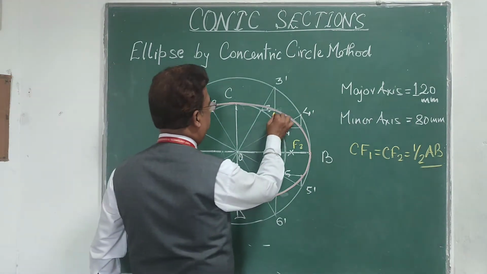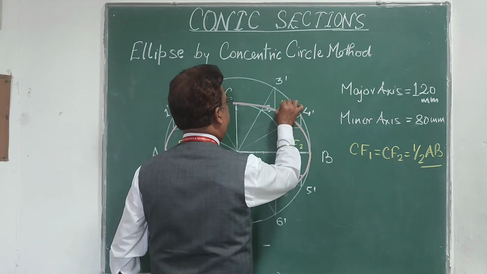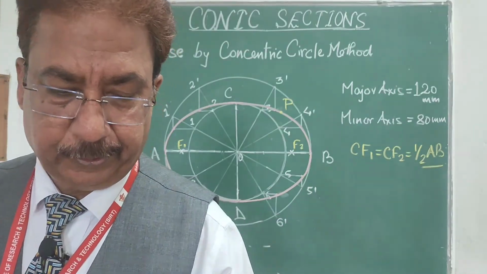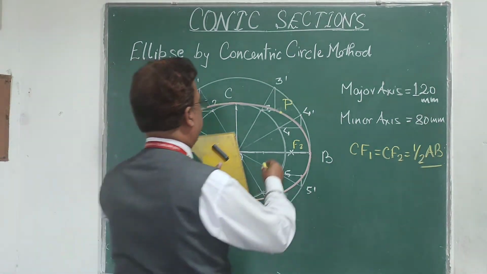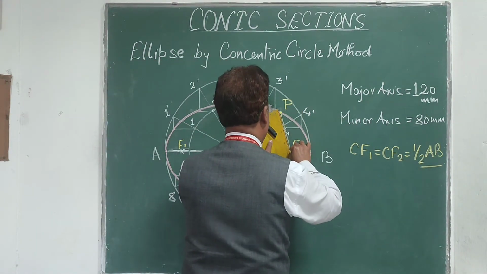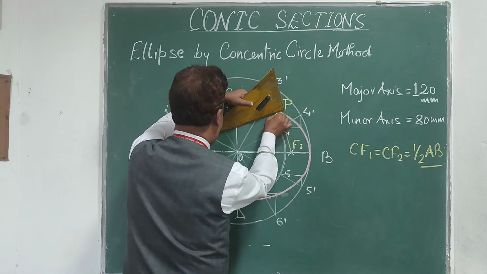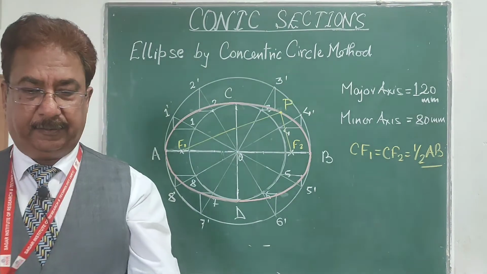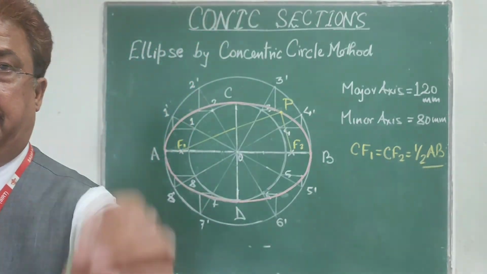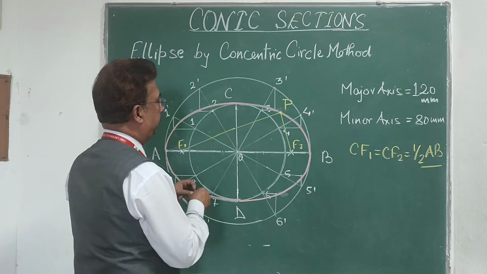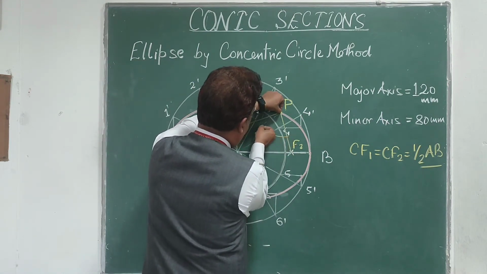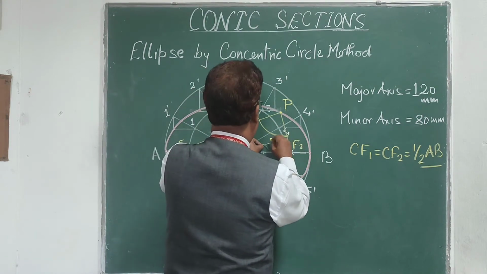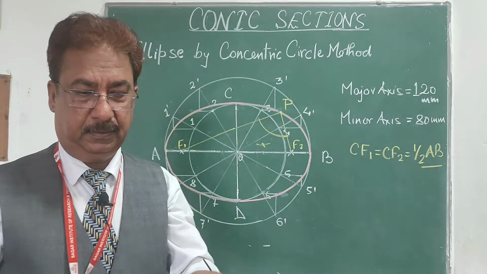And suppose I want to draw a tangent and a normal at any point on this curve, suppose at this point P. So what I am going to do, I will join this point P with F1 and F2, and after that bisect this angle. So bisecting this angle, use the method of arcs and bisect this angle.